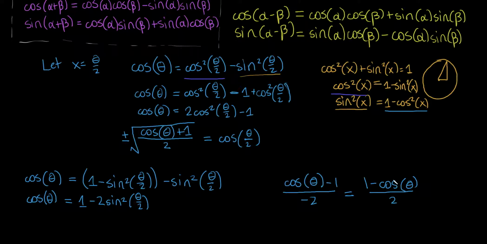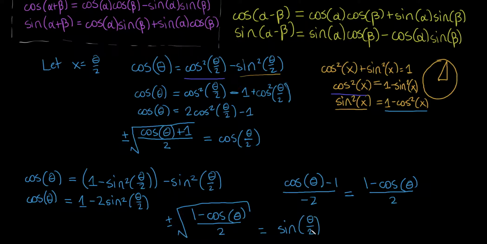Okay, now that I have this in an equation, let's copy this and put it down over here. So we have 1 minus the cosine of theta over 2. The plus or minus square root of this is equal to the sine of theta over 2.